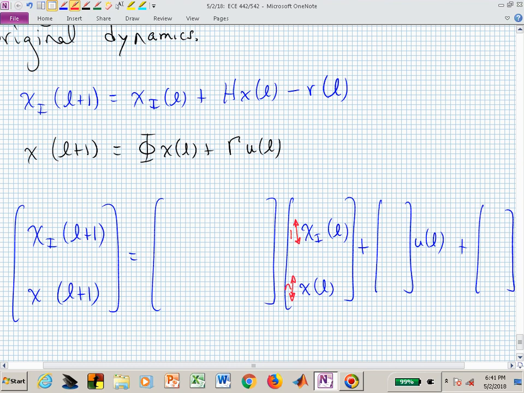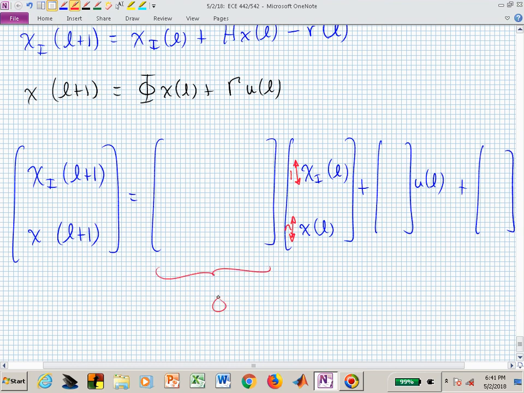And if that's the case, then how big is this augmented system matrix that I'm going to call capital Phi bar? How big is it? Or what does it look like geometrically? If you had to draw a geometric shape to describe phi bar, what shape would you draw?